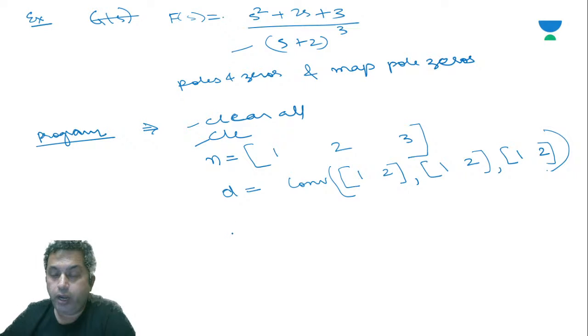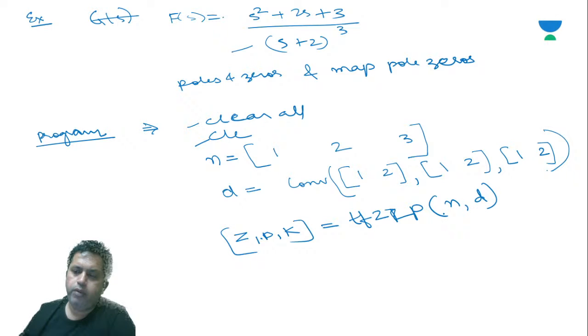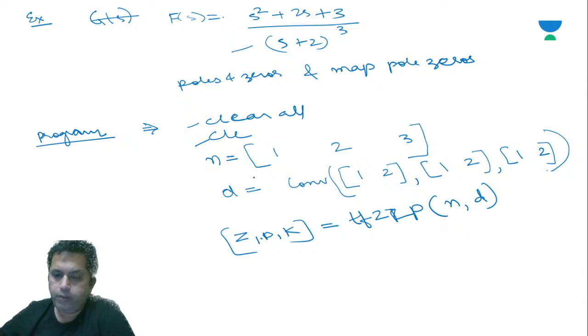Now we'll write down the pole zero plot. How to find out poles and zeros? Zeros, poles, gain is equal to transfer function to zero pole, n comma d.